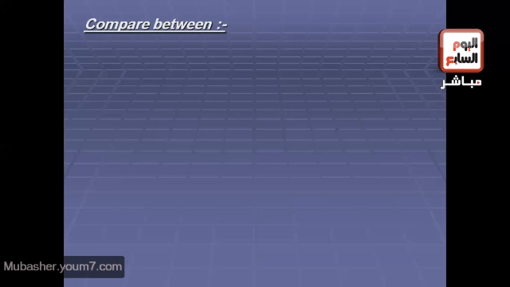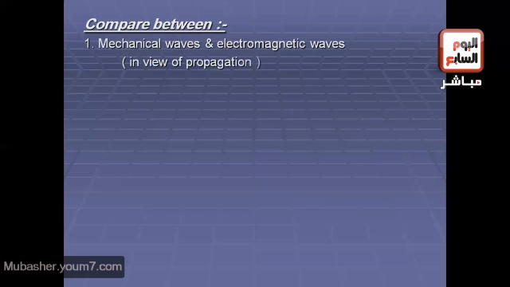Another question: compare between, number 1, mechanical waves and electromagnetic waves in view of propagation. Okay, we know that for comparisons, you must know all the points of comparison, because maybe it will be an open comparison in the exam.